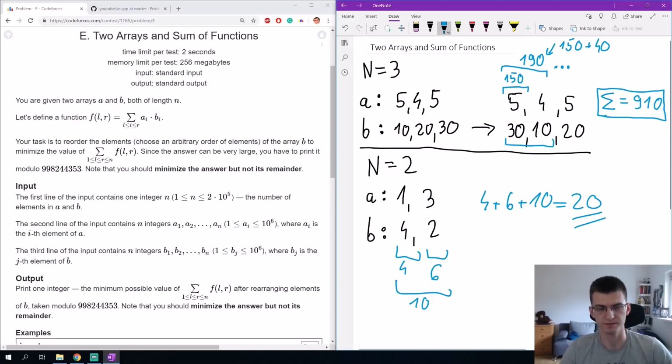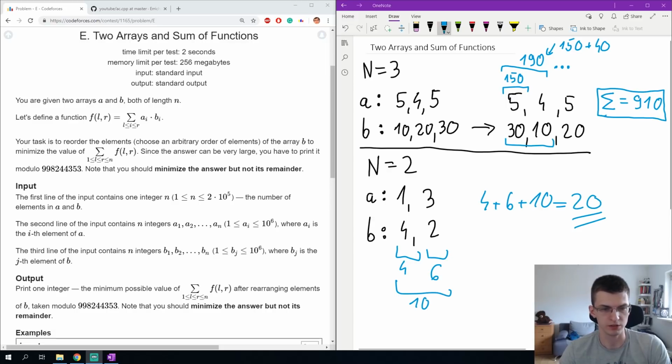When a problem isn't trivial, it's good to first solve some easier version of it. Here n is up to 200,000, so during a contest I would first try to solve it in just any polynomial time, because the naive brute force would be n factorial times something if we want to check all the possible orders of B, and n factorial is way too big.